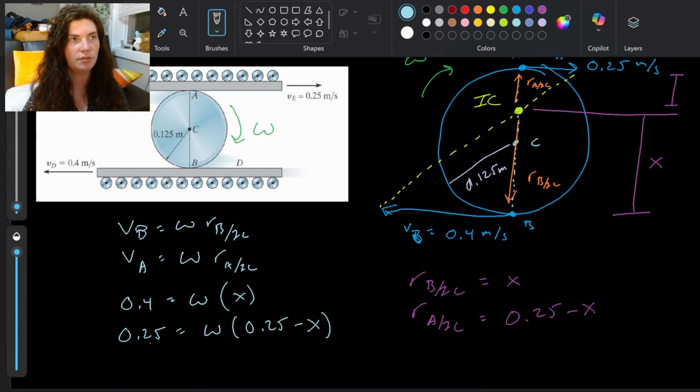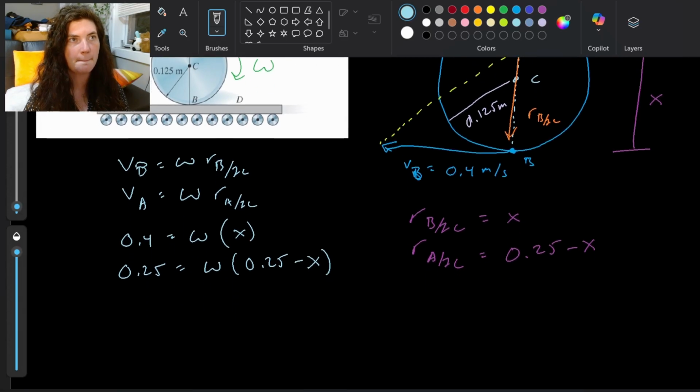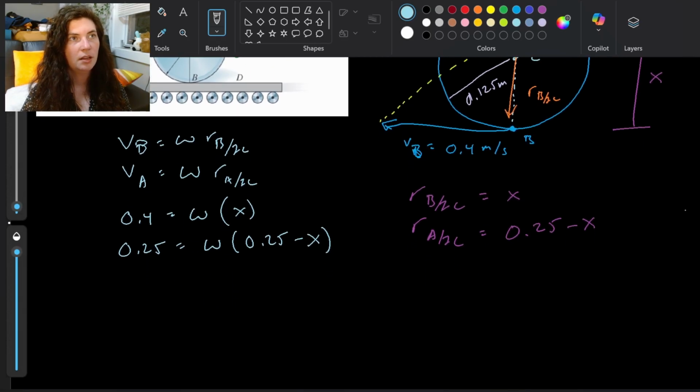And notice those are two different values. This 0.25 is a velocity. This one is the diameter. Those are two distinctly different values. Now I'm going to solve for, you could solve it either way. You could solve for X and then plug it in, or just solve for omega in this one.